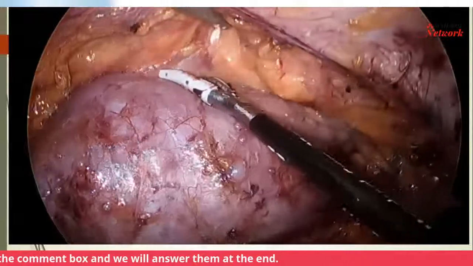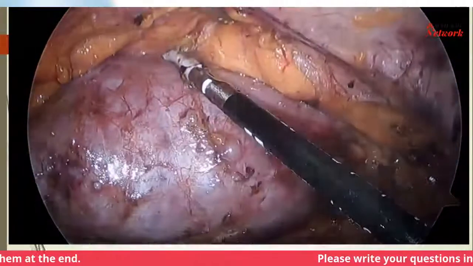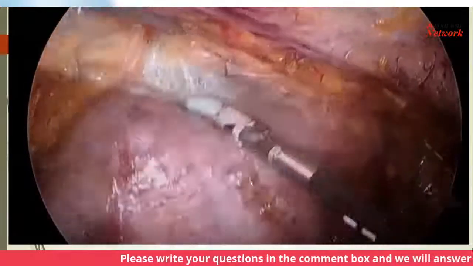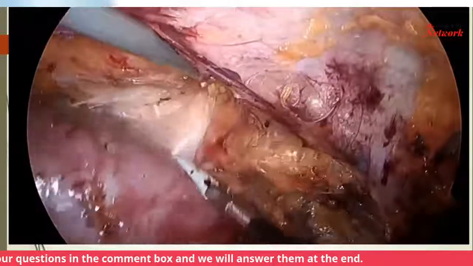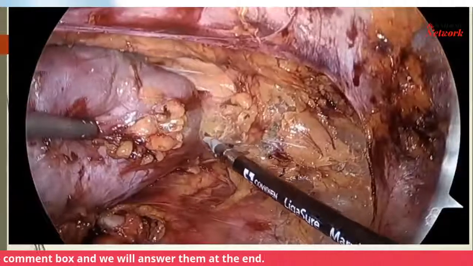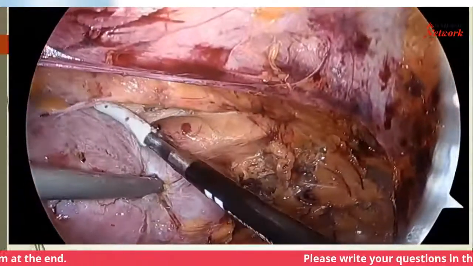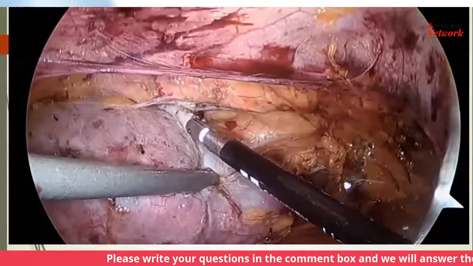So the kidney is now mobilized, separated from everything that is attached to it, to make it free. It's got to be done step by step. Now, the upper pole, the upper part of the kidney, is being separated. Everything is being divided under coagulation.